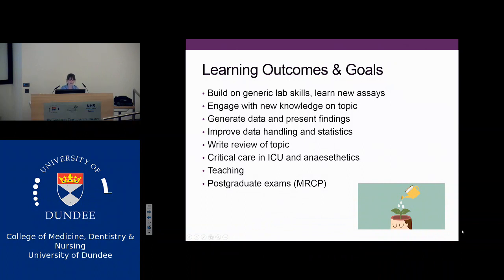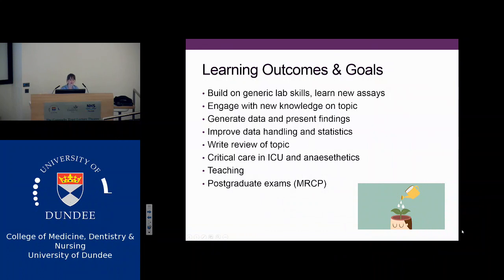I wanted to create and generate some data and figures, also to present findings at things such as this. A larger goal would be to improve data handling and knowledge of statistics. During this course, we've been offered a weekly statistics course by Professor Peter Donnan, which has been very useful in helping me understand the data I'm creating.